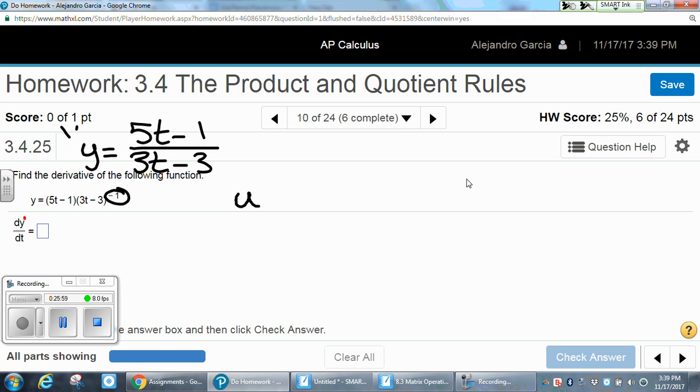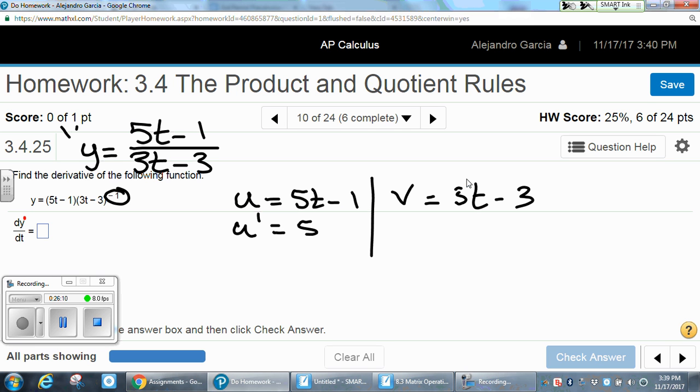That's too easy now. So, u is 5t minus 1, u prime is 5, v is 3t minus 3, v prime is 3. So, we're going to use v u prime minus v prime u over v squared.